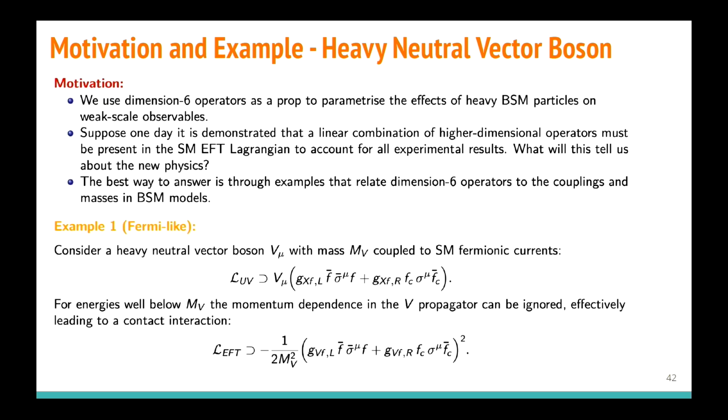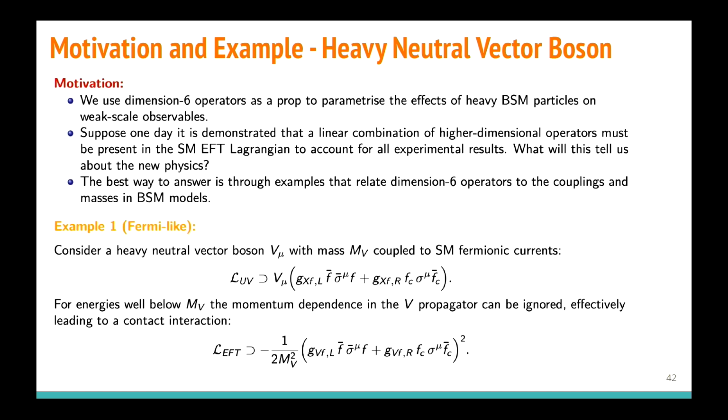If we take the dimension 6 operators as a prop to parameterize the effects of the BSM particles on weak scale observables, suppose one day we get to know that a linear combination of higher dimensional operators must be present in the SMEFT. As we were discussing the other day, all experimental results point us in the direction of certain operators.